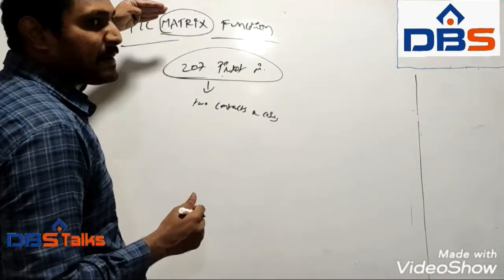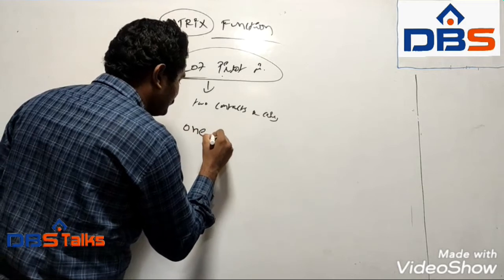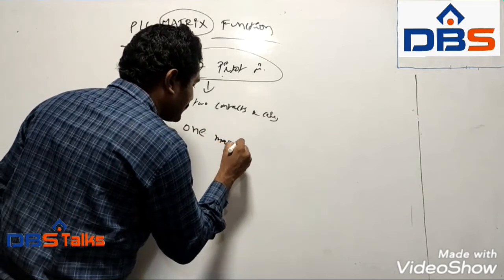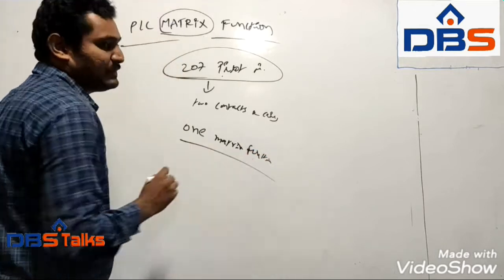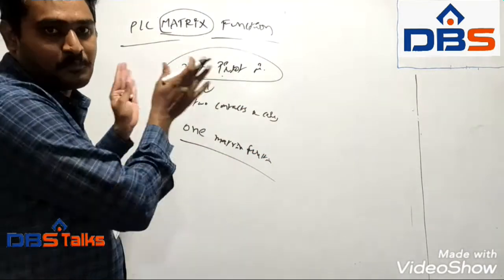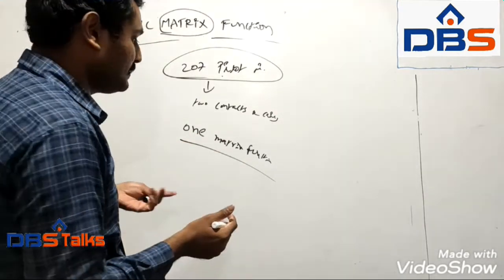But by using the PLC matrix function, only one matrix function is enough to control these 207 pilot lights. So by using the matrix function, we reduce the program length of the PLC system for the given program.